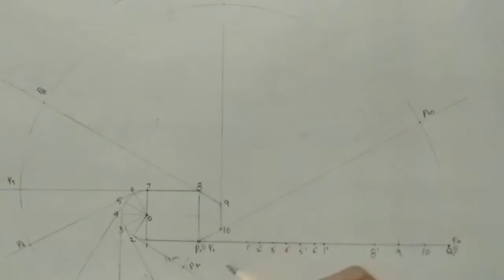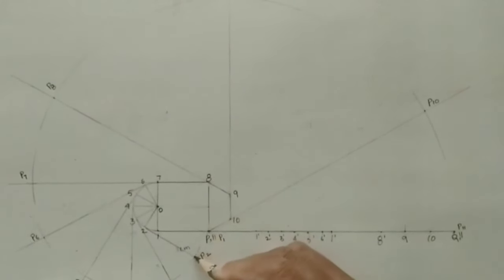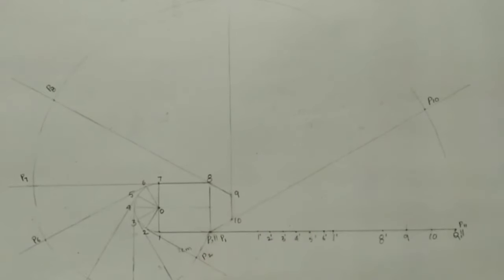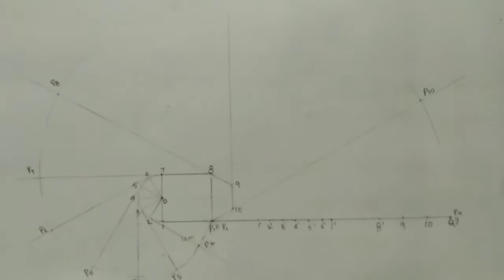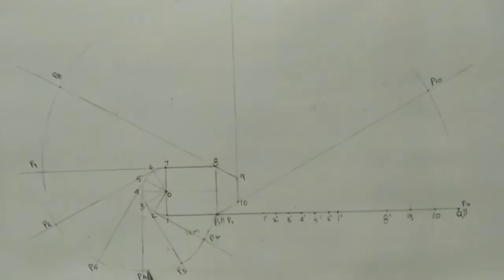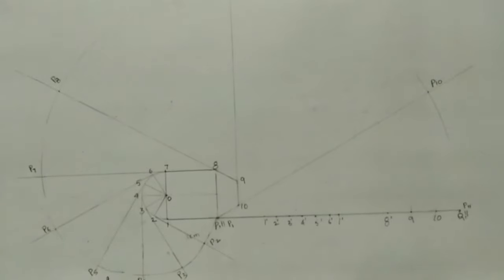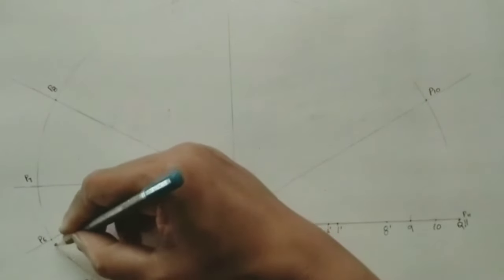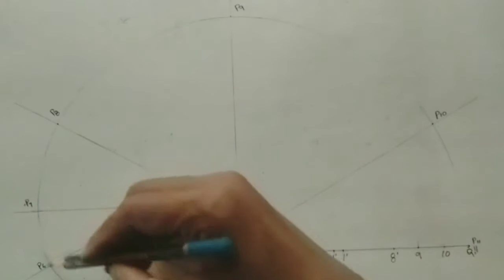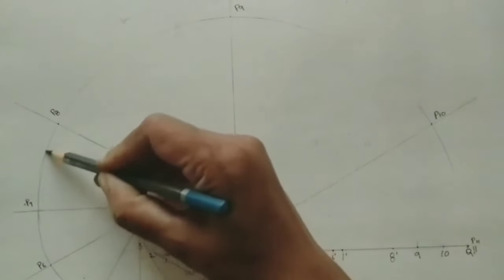Okay, let us do. Here I am joining P1 to P2, so it is coming here by using freehand curve. After that P2 to P3. After that P4 to P3. After that P5 to P4. P5 to P6. After that P6 to P7. P7 to P8.